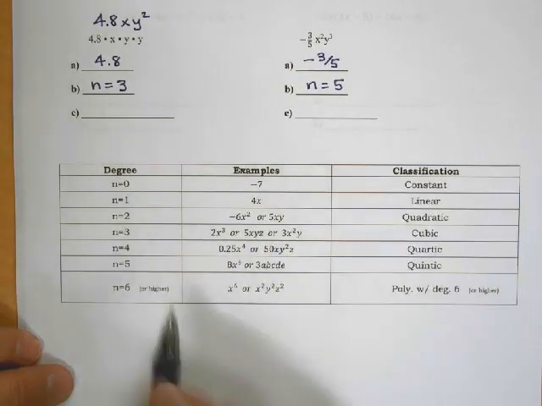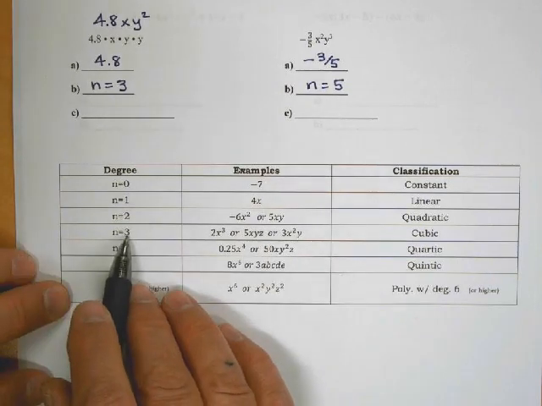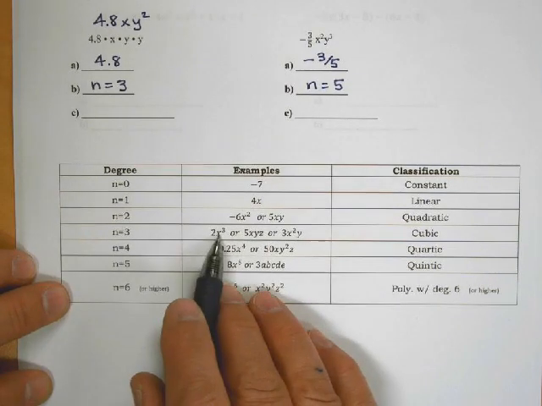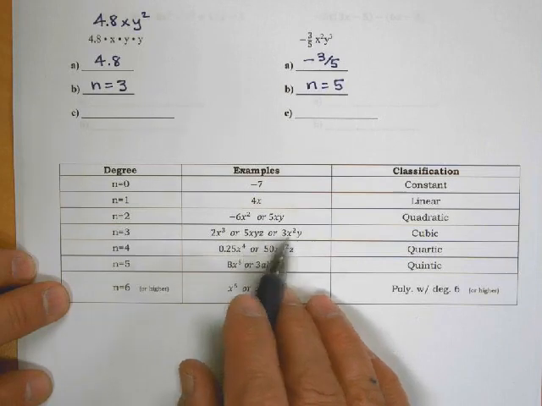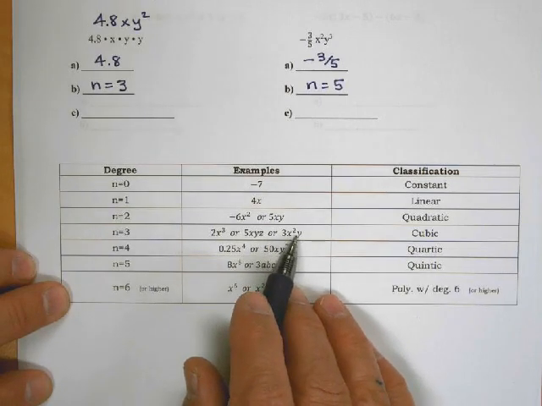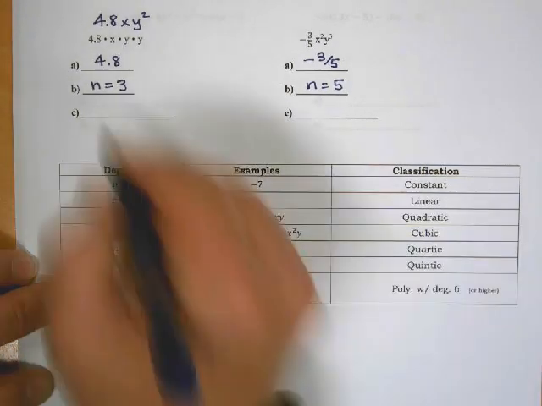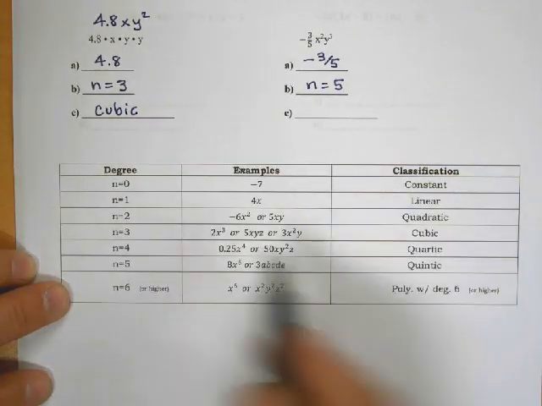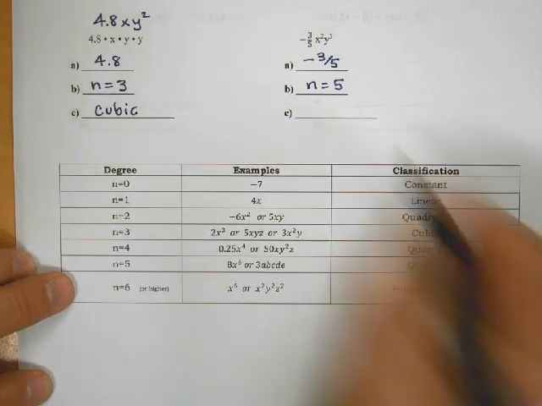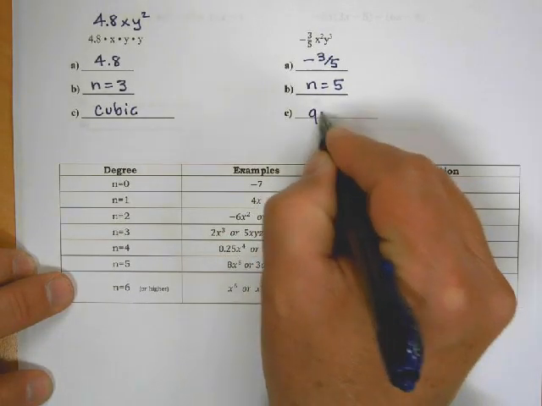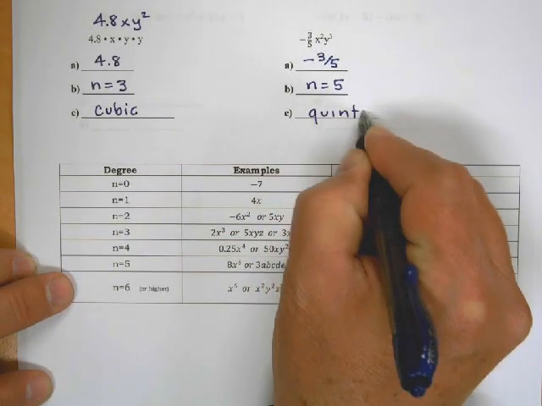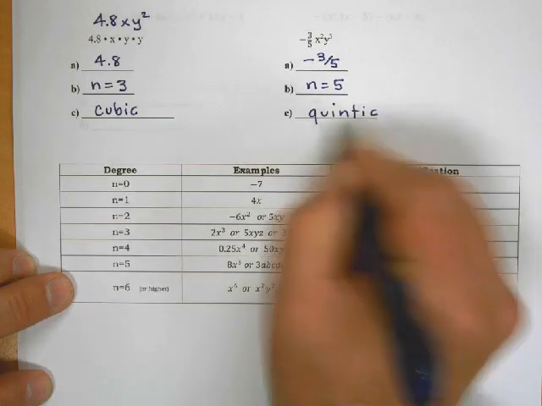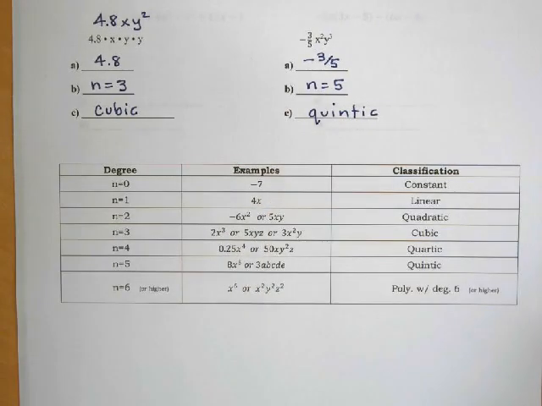But if it's n equals 3, either 3 x's or an x and a y and a z, or 2 x's and a y, those are examples there, then it's said to be cubic. So this one's cubic. And when it's degree 5, it's quintic. And that does it for problems 1, 2, and 3, both examples.